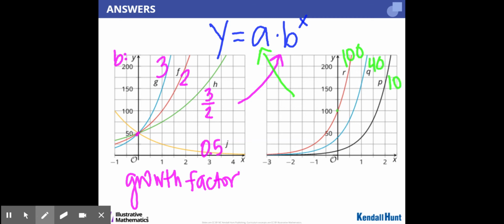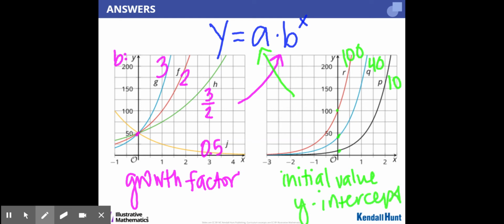Well, where do we see those on the graph? We see them right here. This is the initial value or the y-intercept. That a value is actually going to be where it intercepts the y-axis. So I would make more with the 100 because it actually starts with a greater value.